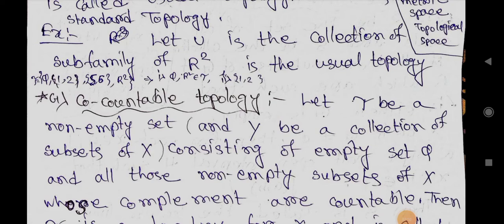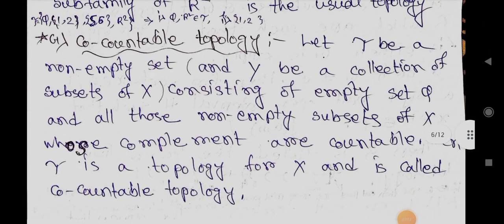Then co-countable topology. Let X be a non-empty set and tau be a collection of subsets of X consisting of the empty set phi and all non-empty subsets of X whose complements are countable, then tau is a topology for X and is called co-countable topology.